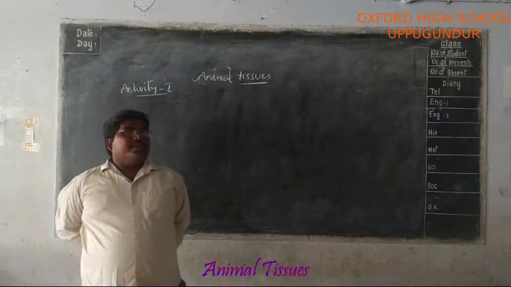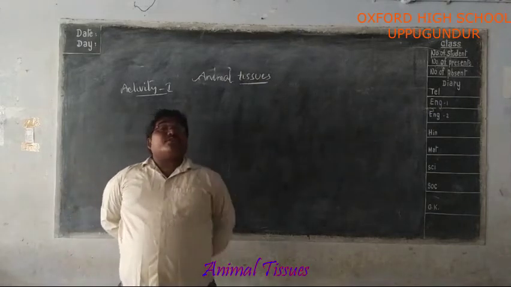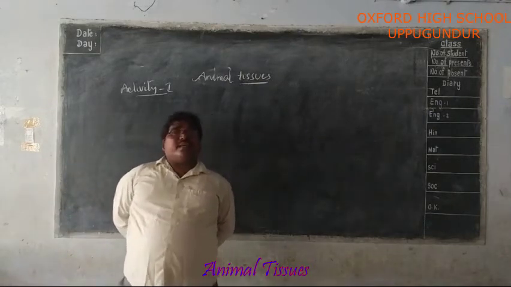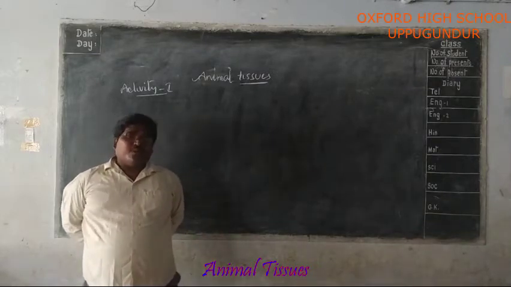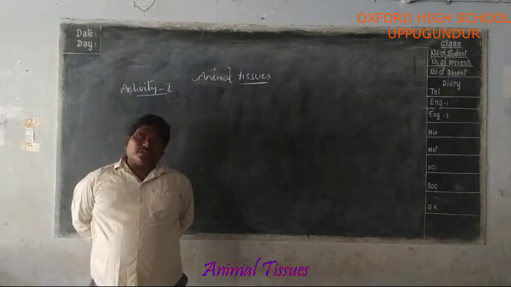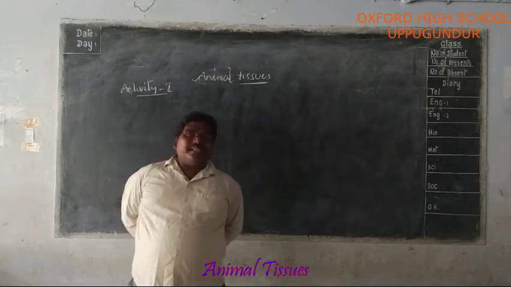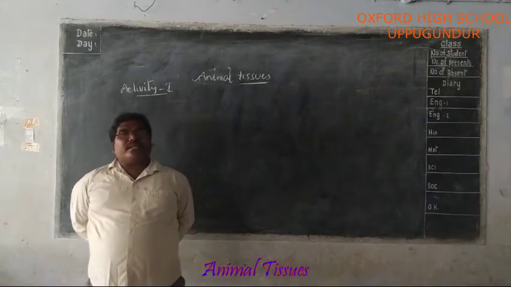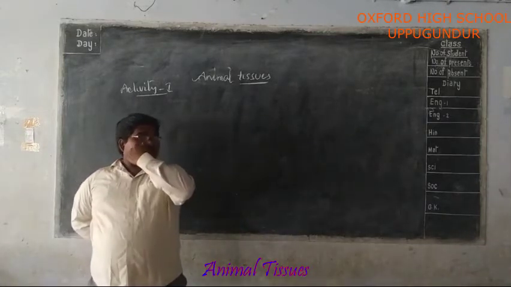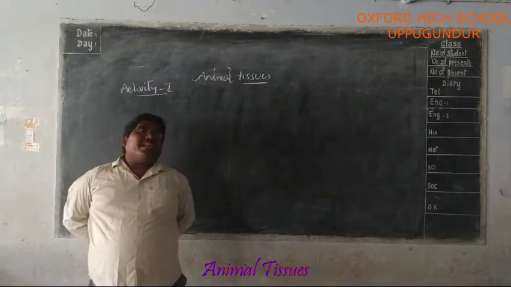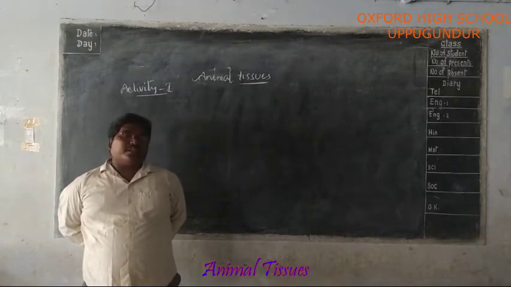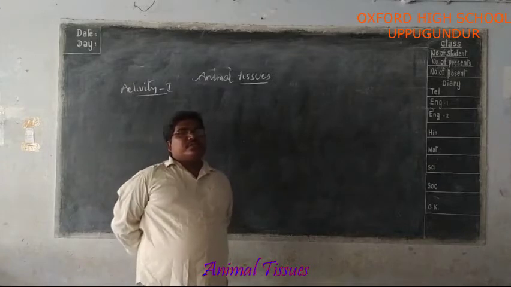Do you understand? Like the plants, in animals also different types of tissues are present. They also are involved in different functions, for example, transport of materials, packing of materials, transport of information, and covering, protection, response. Different types of activities or responses are shown by the tissues.